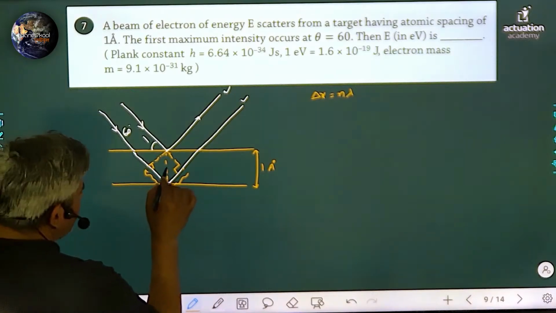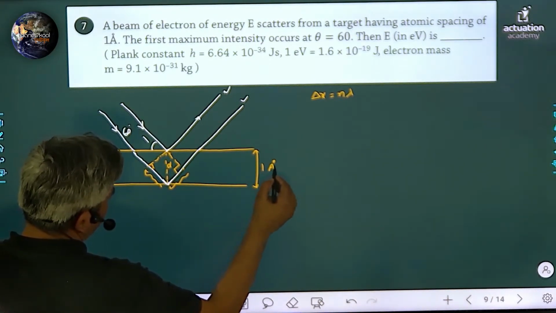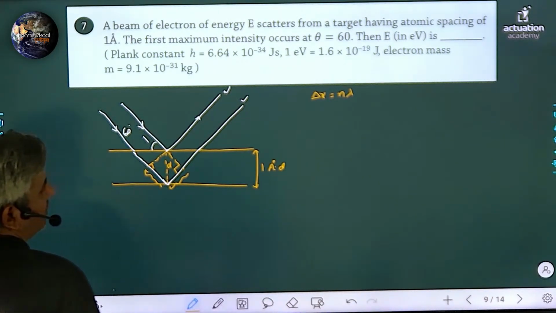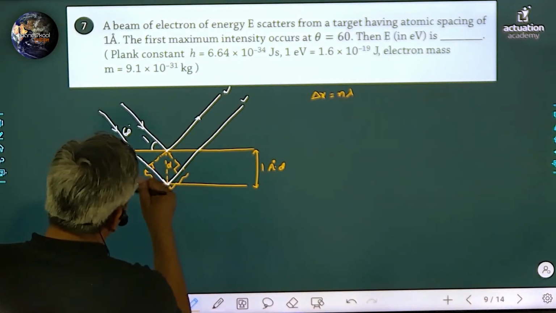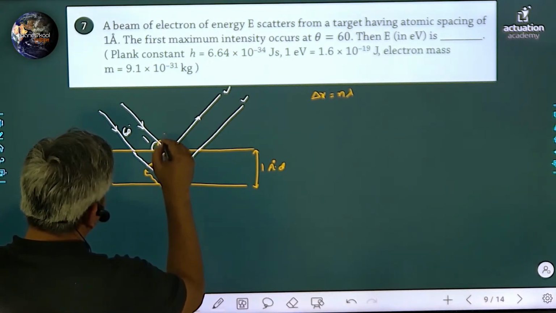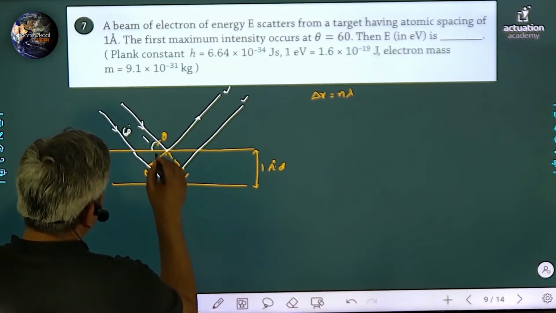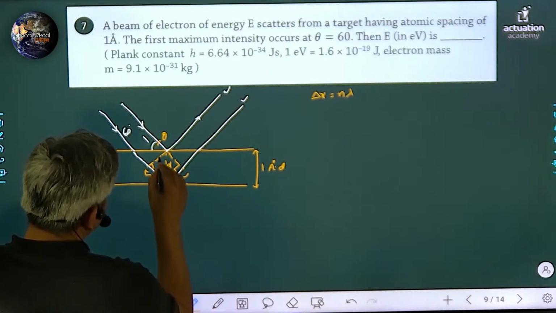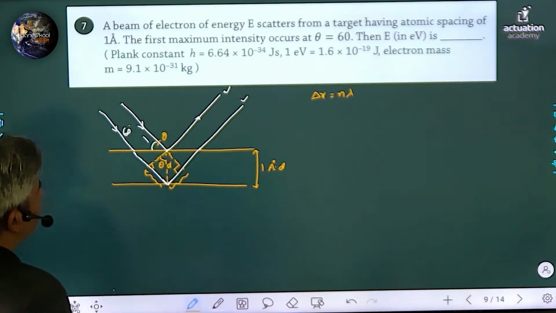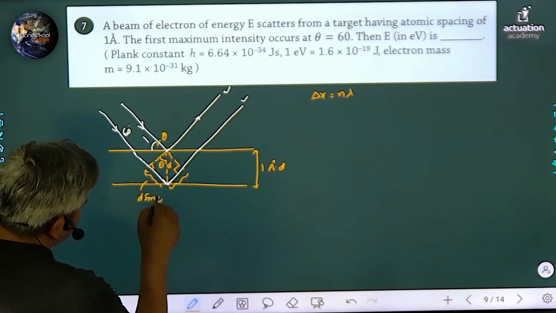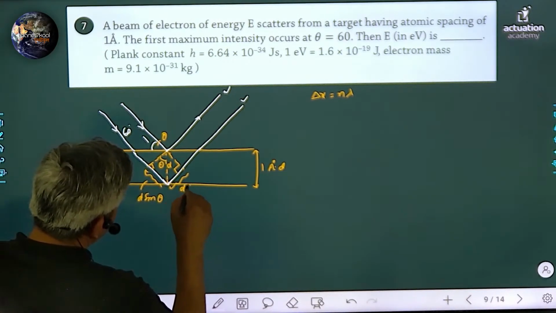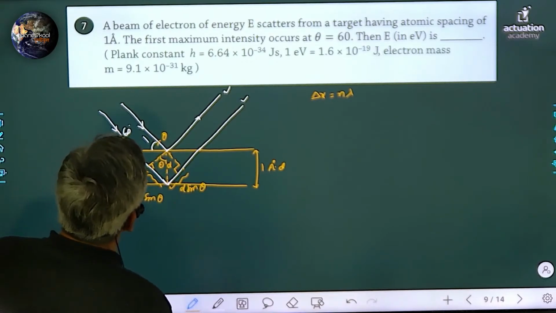Now let's say this is d, which is simply the interatomic separation, and if this angle is theta, then this is 90 minus theta, and this angle is theta. So this can be written as d sine theta, and this can also be written as d sine theta.